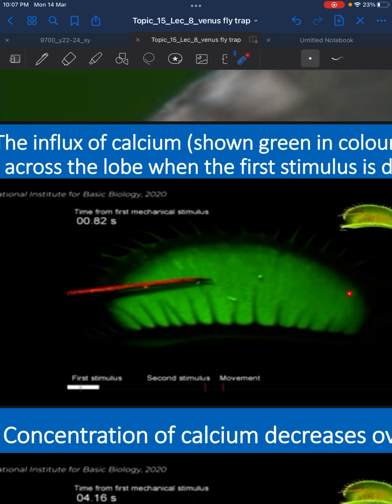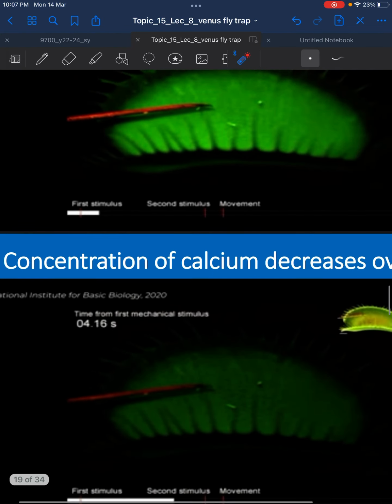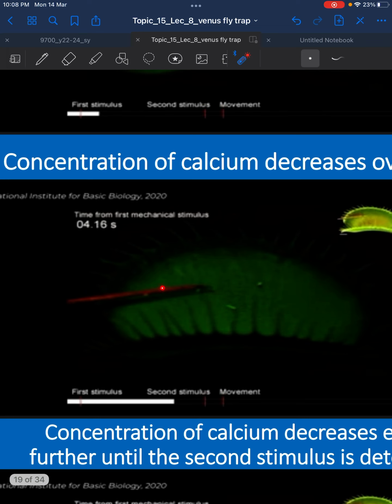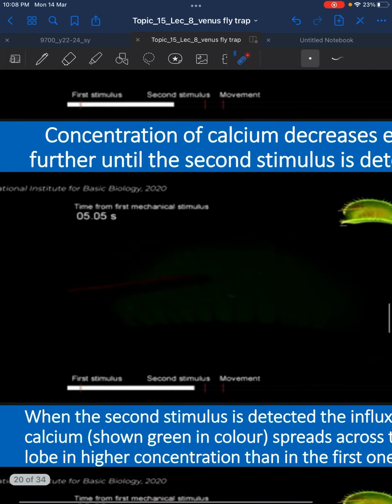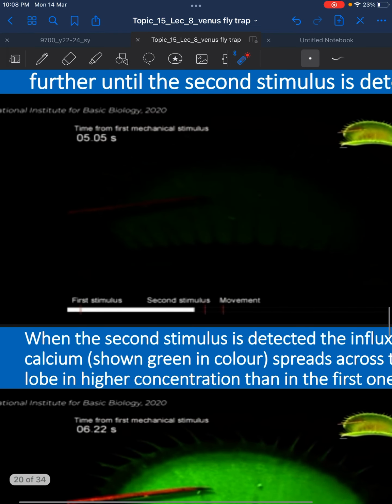So calcium will enter. You can see the green color there. But if the second stimulus is not detected, then you can see the concentration of calcium decreases. The green color becomes paler, and even paler, until the second stimulus is detected.